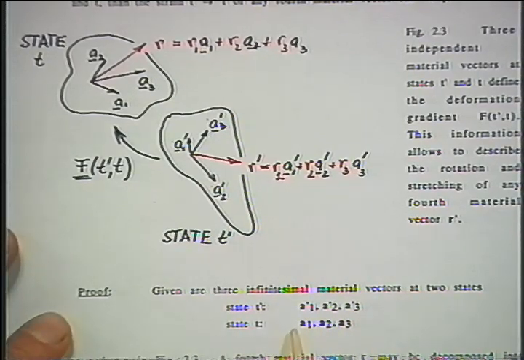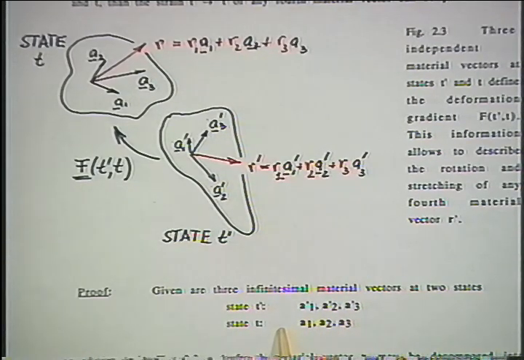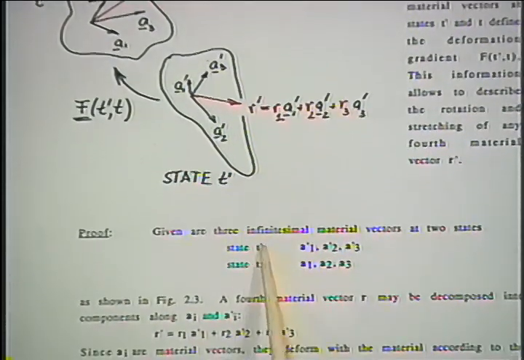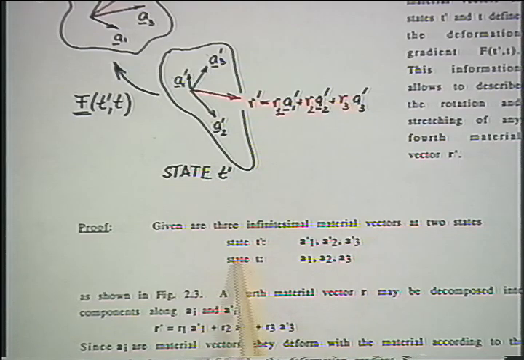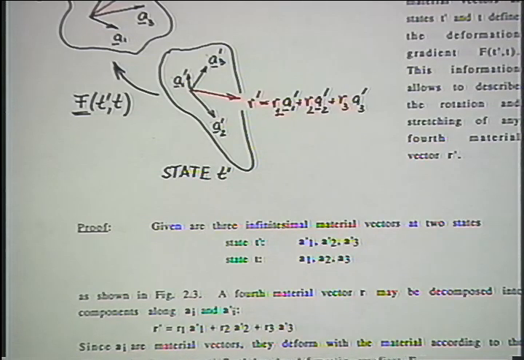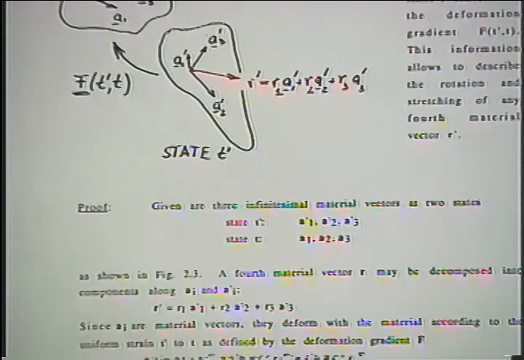Let's get started with the relation of the A1, A2, A3 vectors. Given is the set of these vectors at state T prime and state T, and clearly those are related by, say, A prime 1 is equal to A1 times F. This was the deformation we had before.